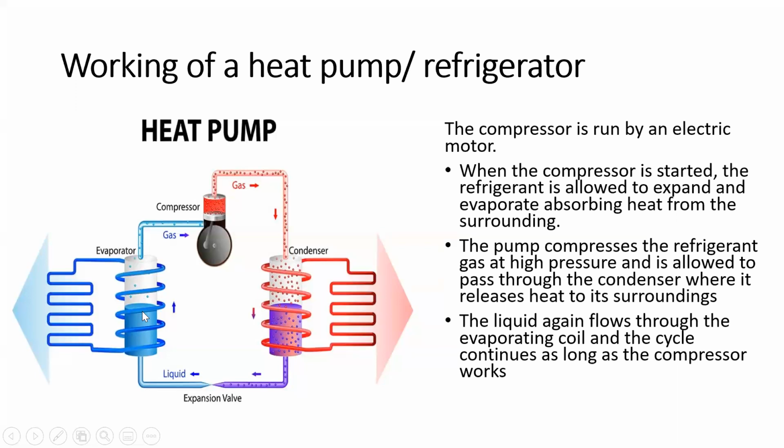Evaporation is a process by which the liquid will take heat from its surroundings and get converted to vapor. Remember, you can convert liquid to vapor either by boiling or by evaporation.